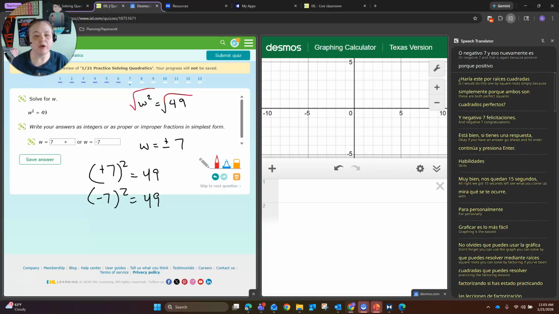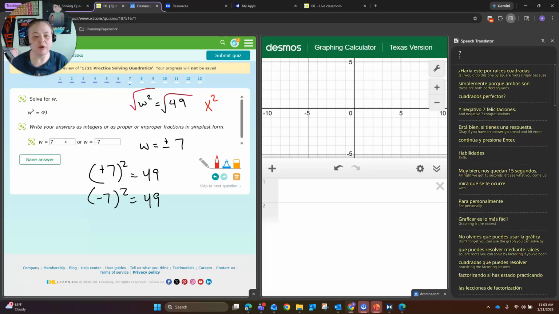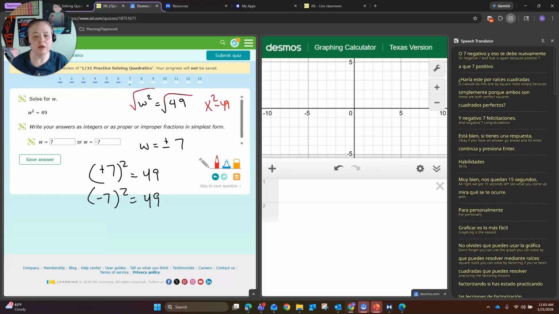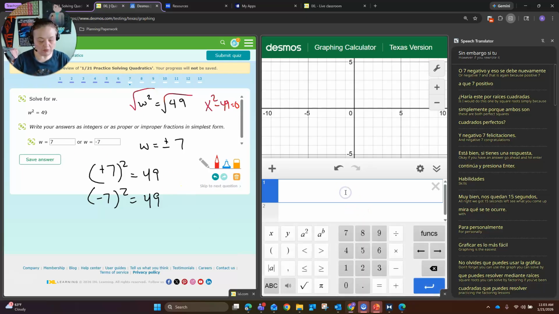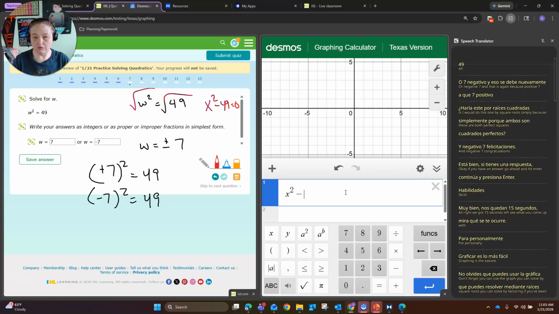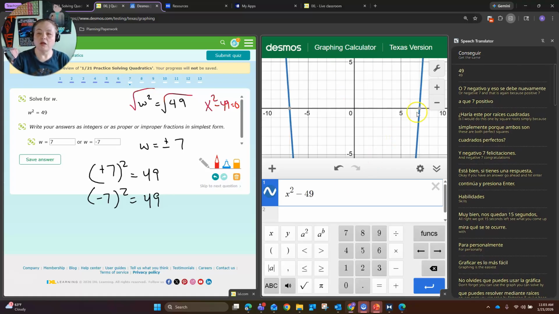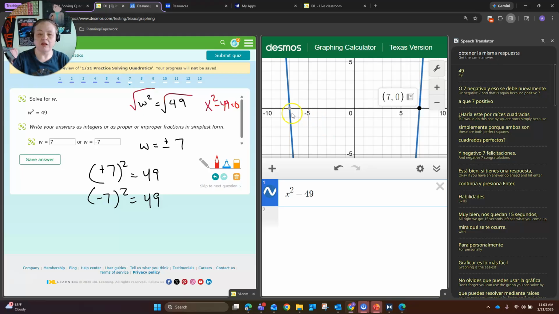However, if you rewrote it in standard form and got x squared minus 49 equals 0 and graphed it, you would get the same answer. Okay. You get +7 and -7.